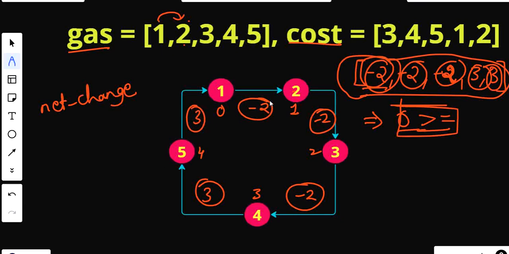Right? So if we see, there will always be a point from where the traversal will start, and that point is going to be the positive point.